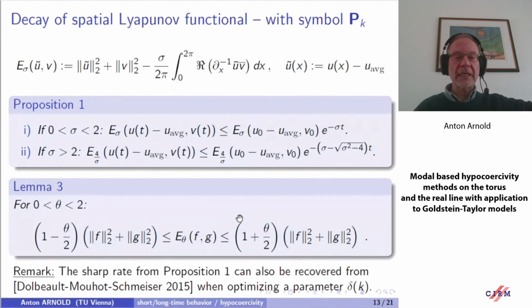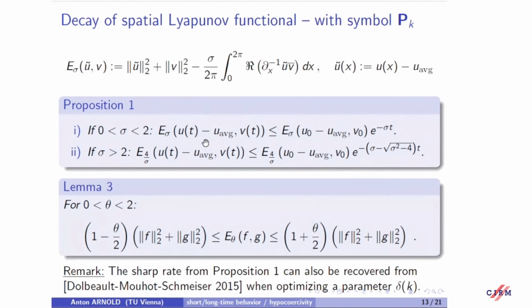And at this point, let me mention that these sharp rates, and essentially also these Lyapunov functionals, could also be recovered from this paper by Dolbeault, Mouhot, and Schmeiser from 2015, if one optimizes a tuning parameter there on a modal level, a tuning parameter that is included in their functional. So what I want to do, the last step, is from these decay estimates on the Lyapunov functional, go back to L2.